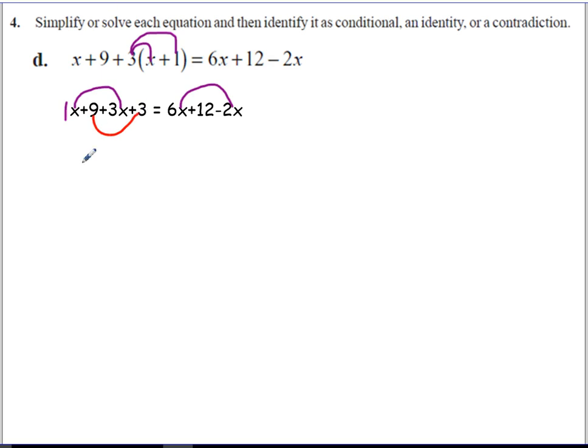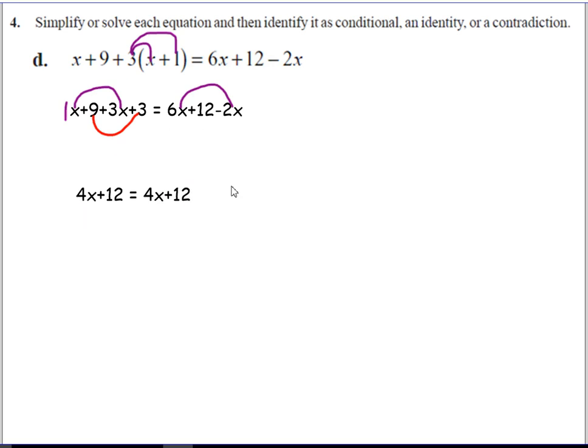So let's work that out and see what we get. On the left-hand side, 1x plus 3x gives us 4x, and then 9 plus 3 is 12. And on the right-hand side, we have 6x minus 2x, which leaves us 4x. And then there's nothing to change the plus 12, so we get plus 12.